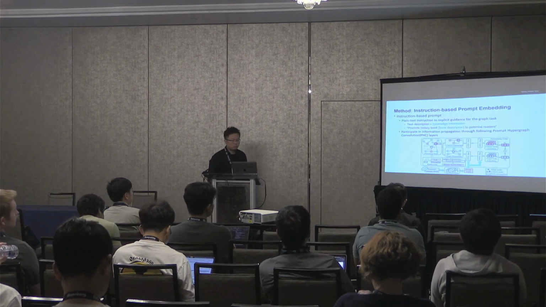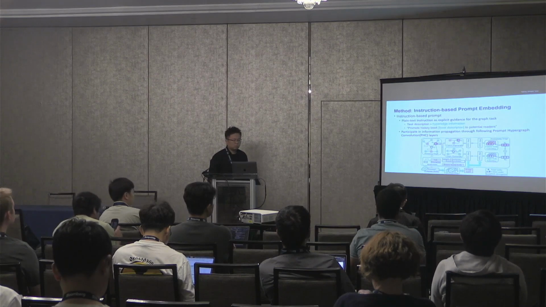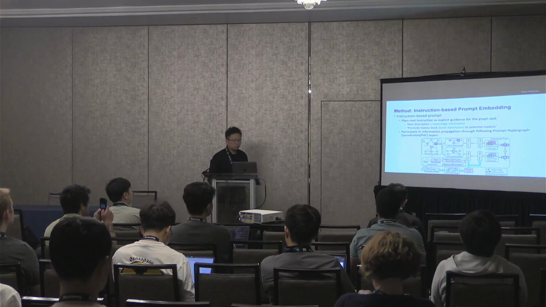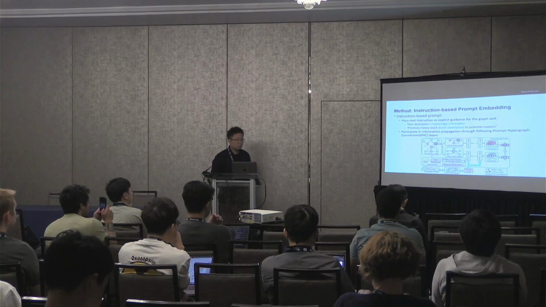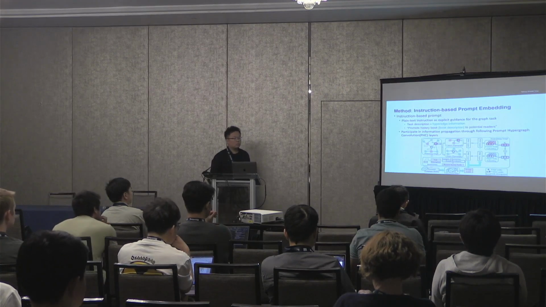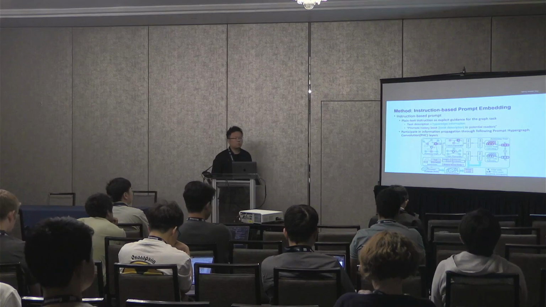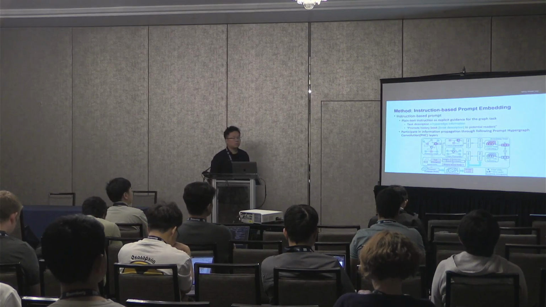To provide explicit guidance for hypergraph learning, the instruction-based prompt embeddings are constructed based on available task-related information. Each instruction in our work is expected to help capture the relationship between the nodes connected by one hyperedge.